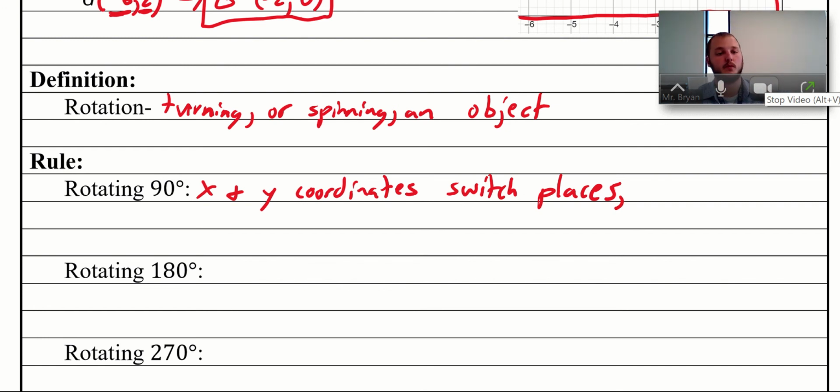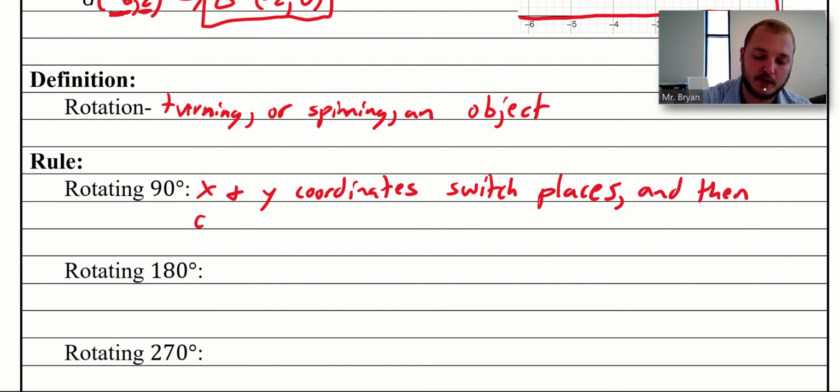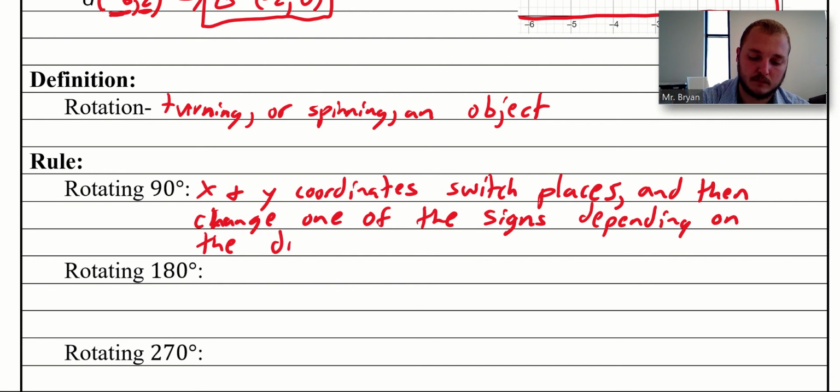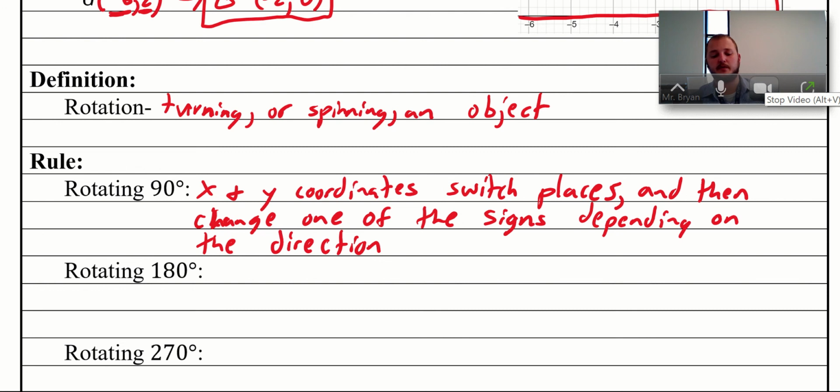But then I need to do one more thing, as hopefully we saw from our examples. And then change one of the signs depending on the direction.